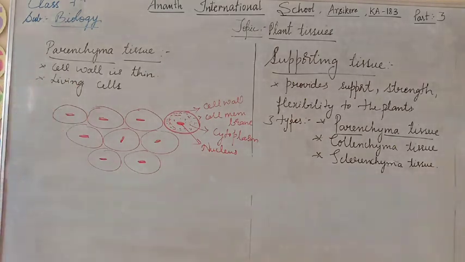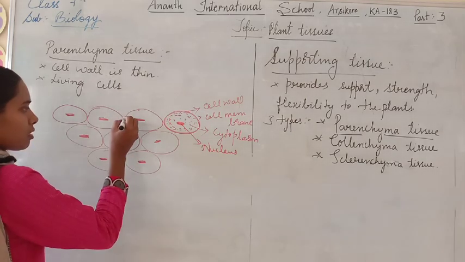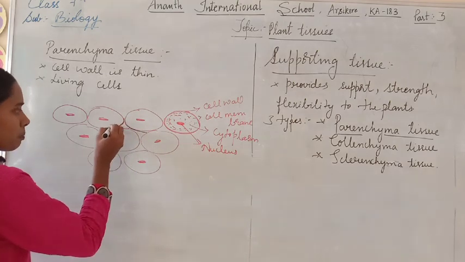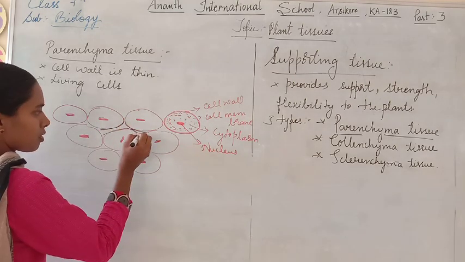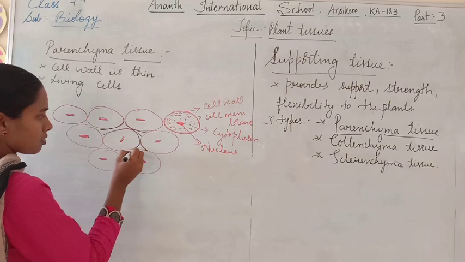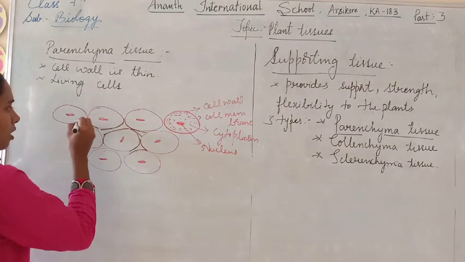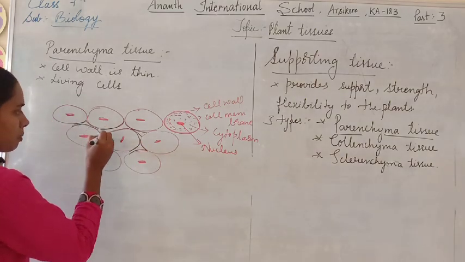I was saying, the intercellular space is present between the cells. Where is the intercellular space present between the cells here? Can you see the space here? This is nothing but the intercellular space, or intercellular air space.